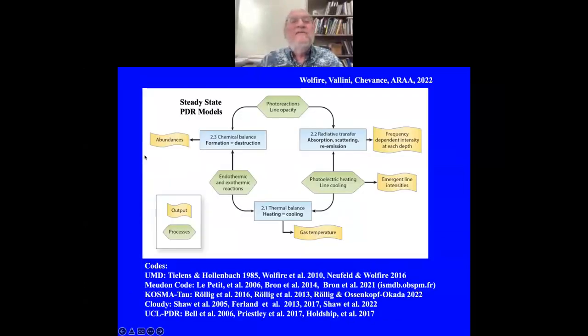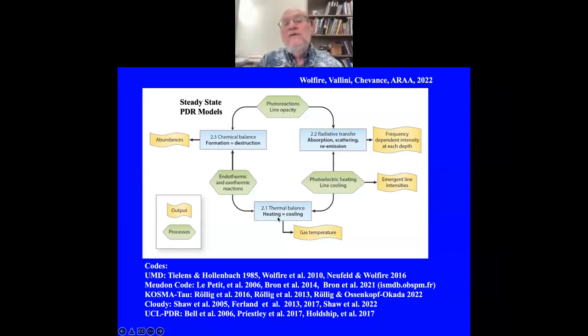This is an illustration showing the process of calculating a PDR model. So you start at the outer edge of a cloud and you step inward, and for every step, you need to iterate around these processes shown in blue. So for chemical balance, you write down all of the formation and destruction rates you can think of for all the atoms and molecules, and you find the abundances for which formation equals destruction.